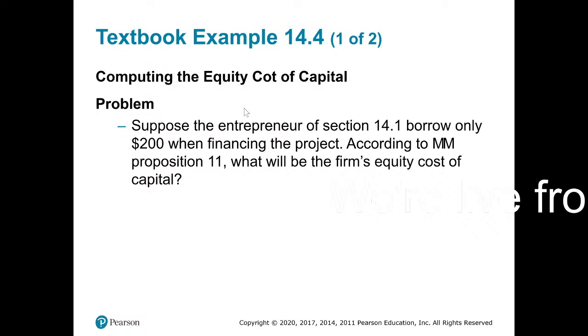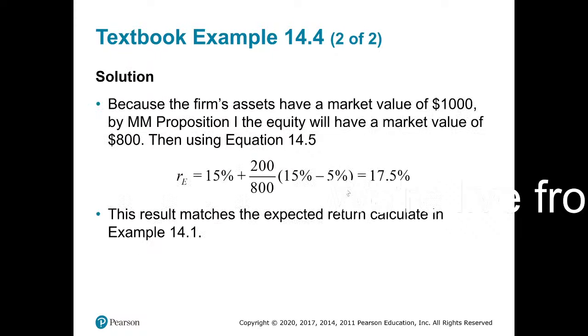And then you could do this kind of calculation. You borrow only 200 to finance the project. What's the equity cost of capital? You borrow 200, 800 is equity, so you decrease your leverage, then the return will decrease from 25% to 17.5%.